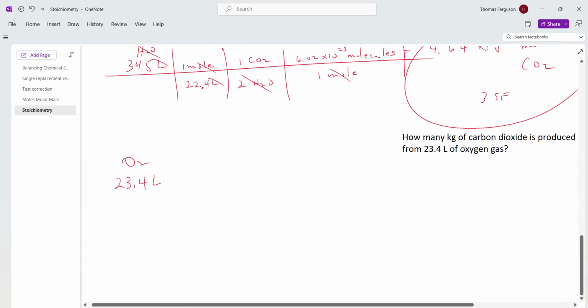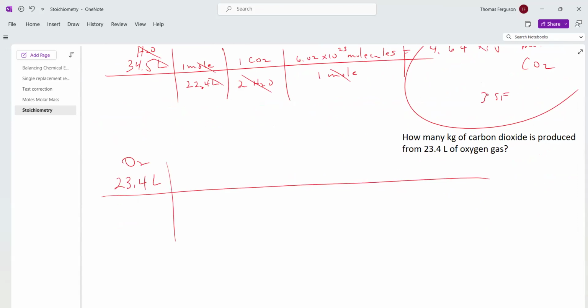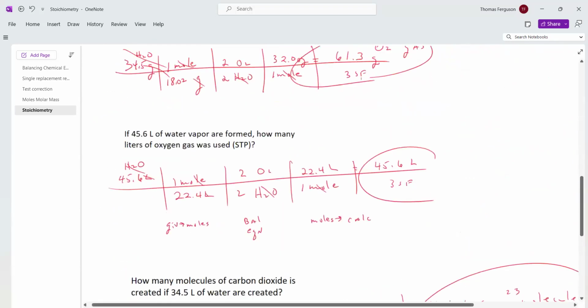Okay, 23.4 liters starting with. And we need to convert that to moles. So we need the ratio of CO2 and oxygen.